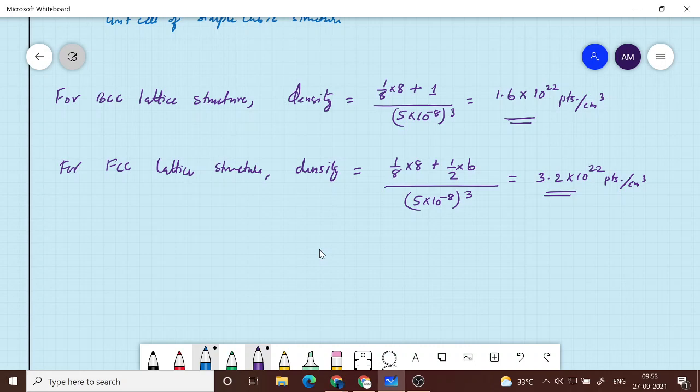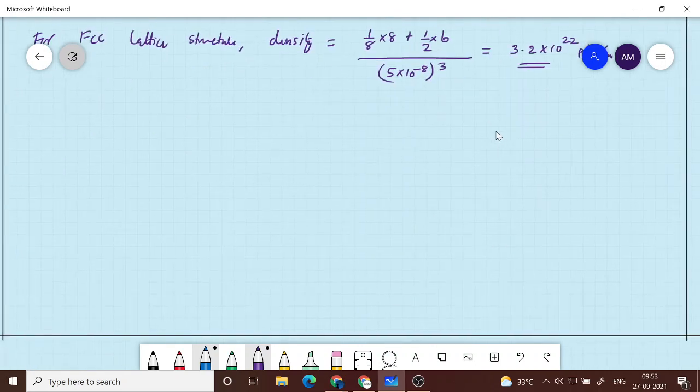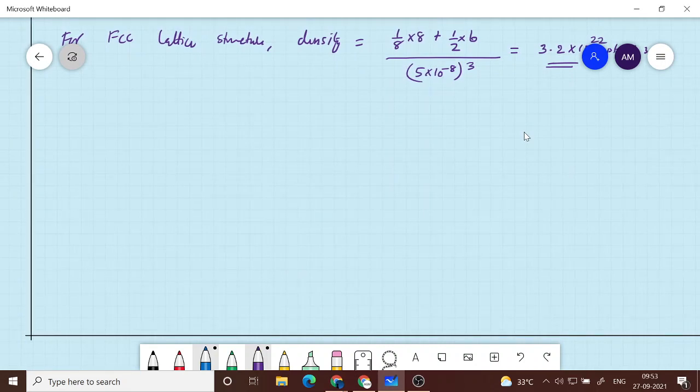Now we are going to look at planes in the crystal. How do we represent planes in the crystal? For example, if you are taking a cubic lattice structure, you can talk about different planes.